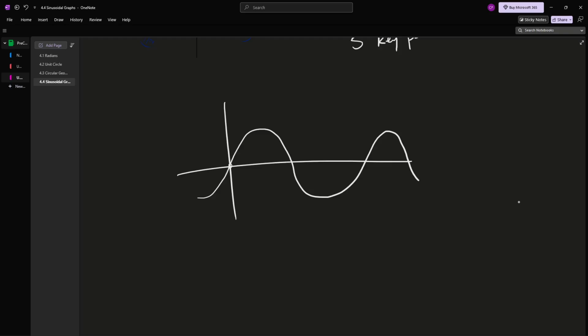So we start at 0, 0, pi over 2, 1, pi, 0, 3 pi over 2, negative 1, and then at 2 pi, 0.